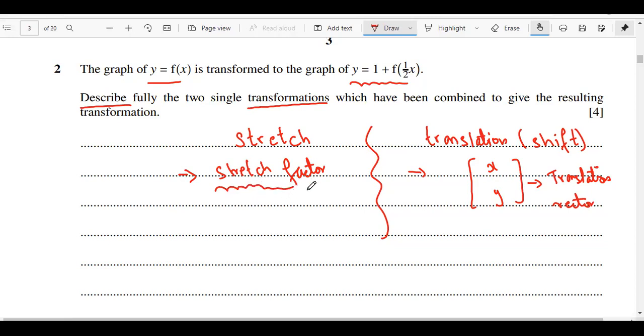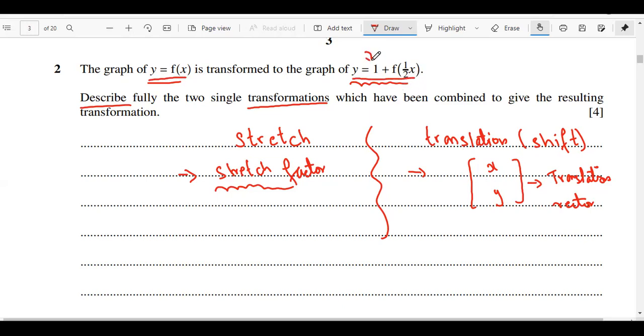If your stretch factor is greater than 1, in that case the thing would be stretching. If it is 1 by 2 or something of that type, it is squeezing. But that depends. I told you it is opposite when we have something with x. We'll come to that. And translation is basically shifting. So if we talk about this case, what do you think?